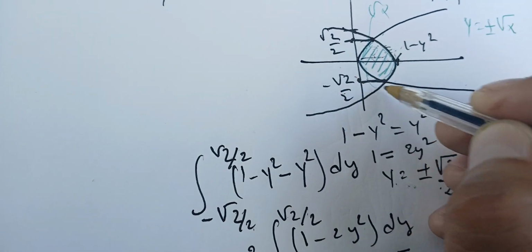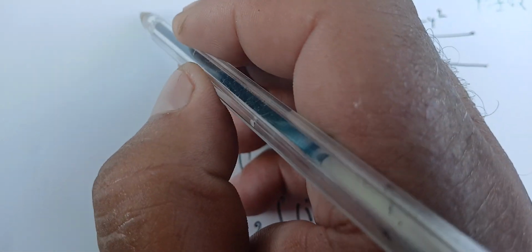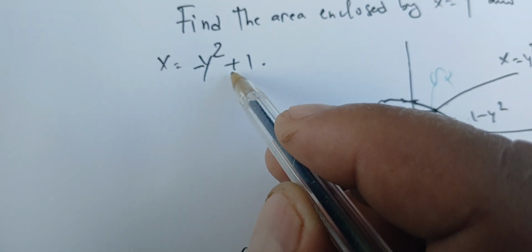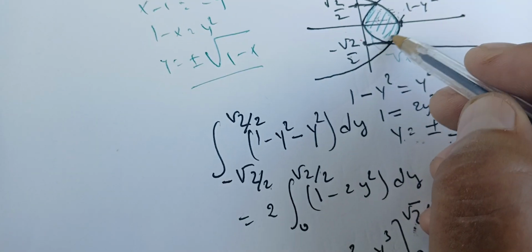This one is going to be minus square root of x. On this part here, we have x minus 1 is minus y squared. We're going to have 1 minus x is y squared. So here y is going to be plus or minus the square root of 1 minus x. So this is the one here.